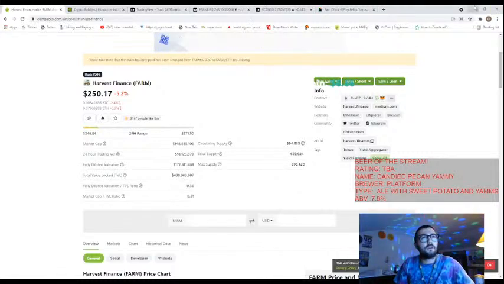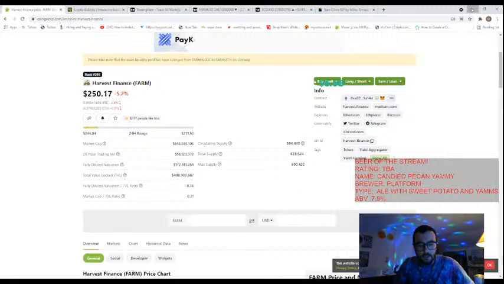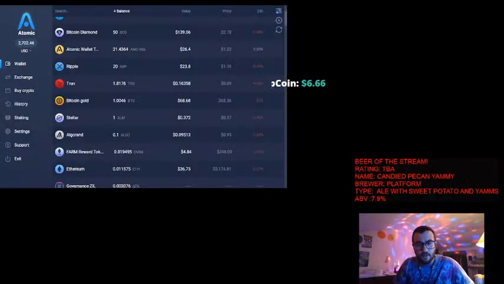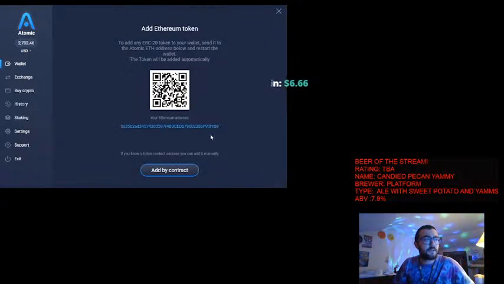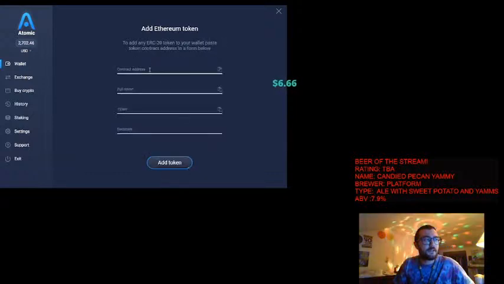And then you can go into your wallet, and I'm going to go back to the wallet. You click on add the Ethereum token, add by contract address right here.